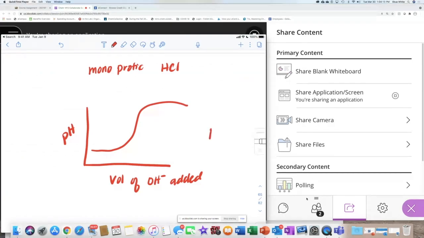So what I drew here is the pH curve of a monoprotic acid versus base. And here we have one equivalence point, because the monoprotic acid only has one ionizable hydrogen. That's it.